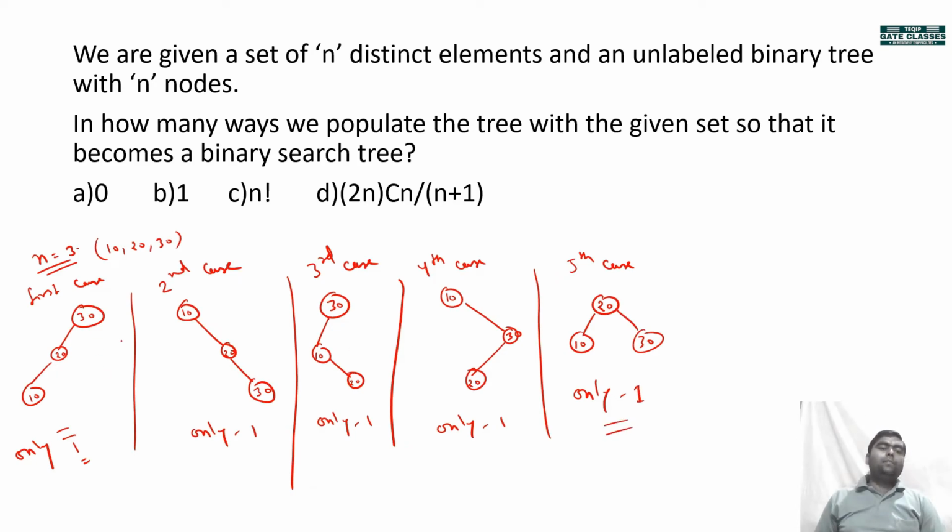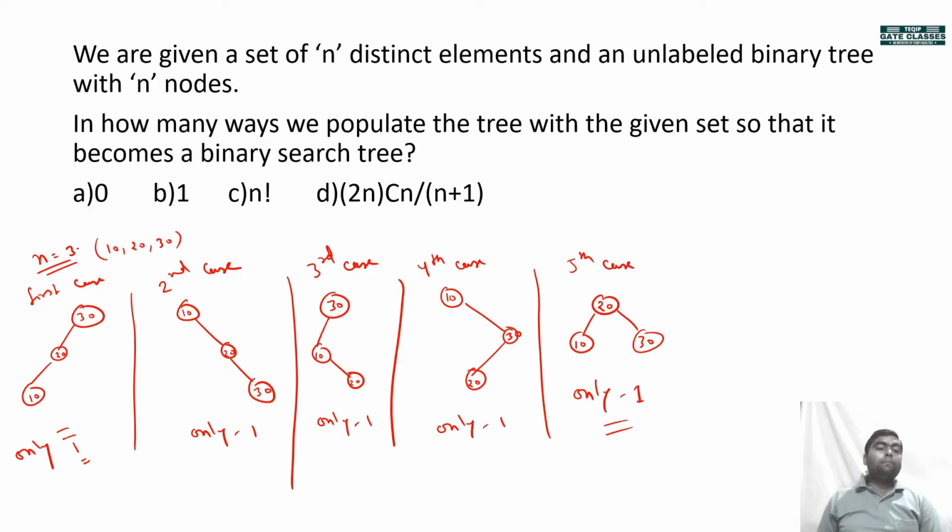Finally, we solved this problem by taking an example. We are given n distinct elements, meaning n values are given, and a binary tree with n nodes is also given, which is unlabeled, and you have to populate the given binary tree so that it becomes a binary search tree.